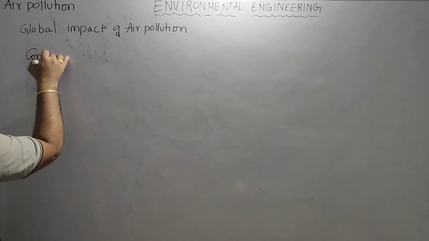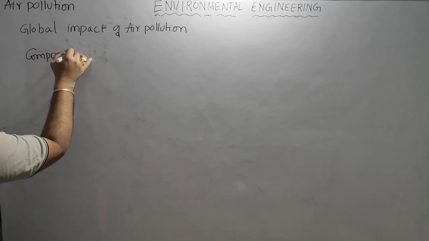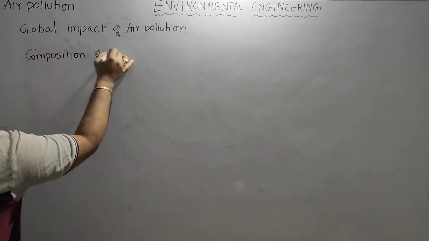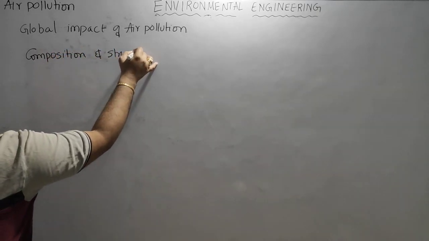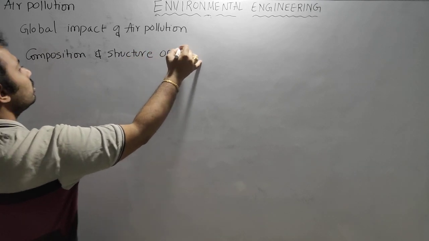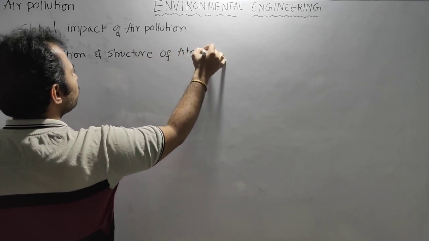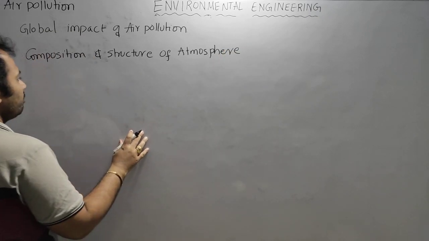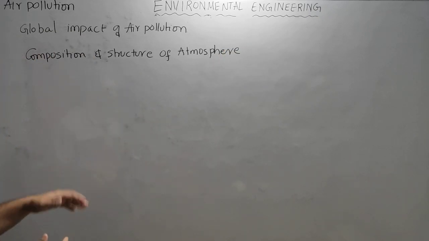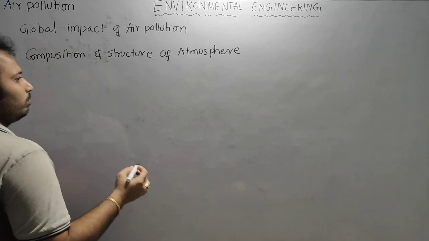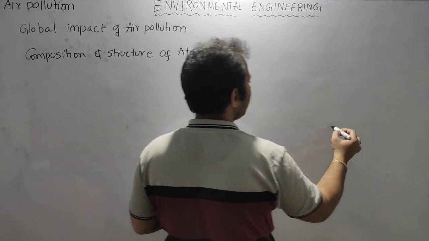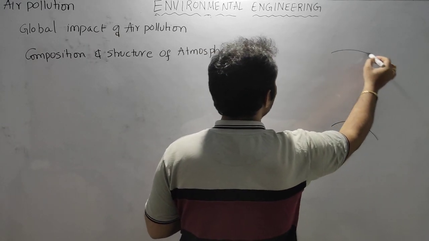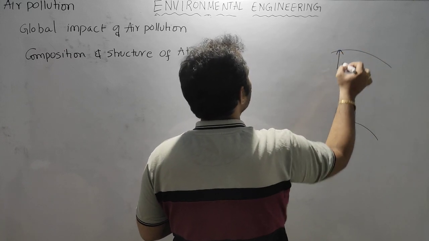Composition and structure of atmosphere. If you look at the atmosphere, there are different layers. This is the earth, and it is surrounded by the atmosphere, which extends for some kilometers.